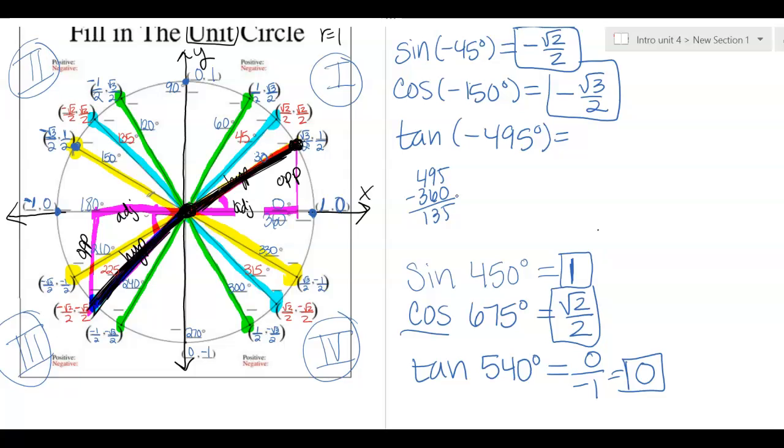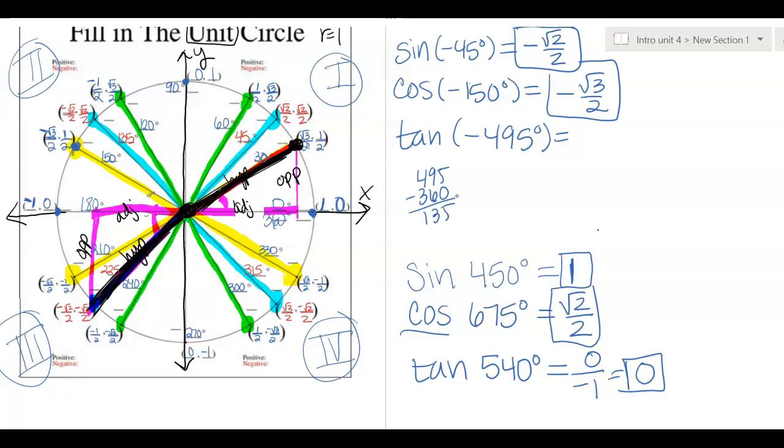Now here's where it gets tricky. I have to figure out where 135 is, and I'm going the wrong direction from my labeling. So again, we've taught you two ways to do that. Way number one, think about what positive 135 is. So it's one quadrant and half of the next one, and do that in the negative direction. One quadrant and half of the next one. So I would land here.